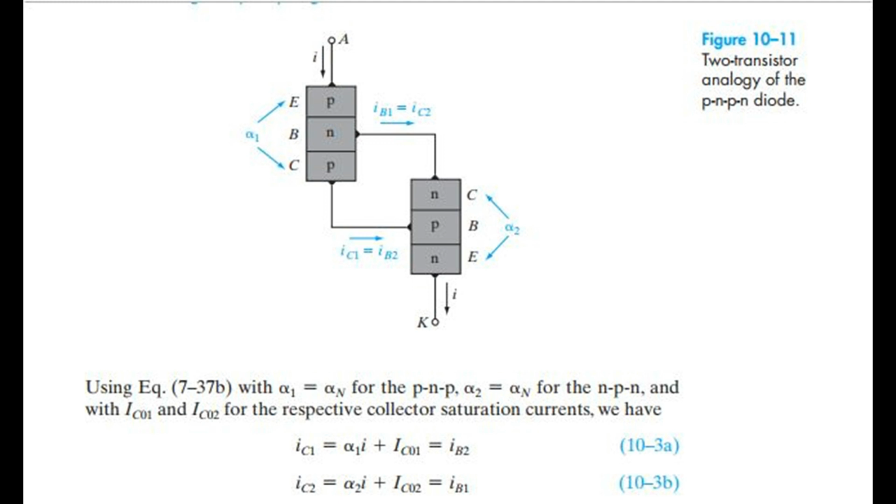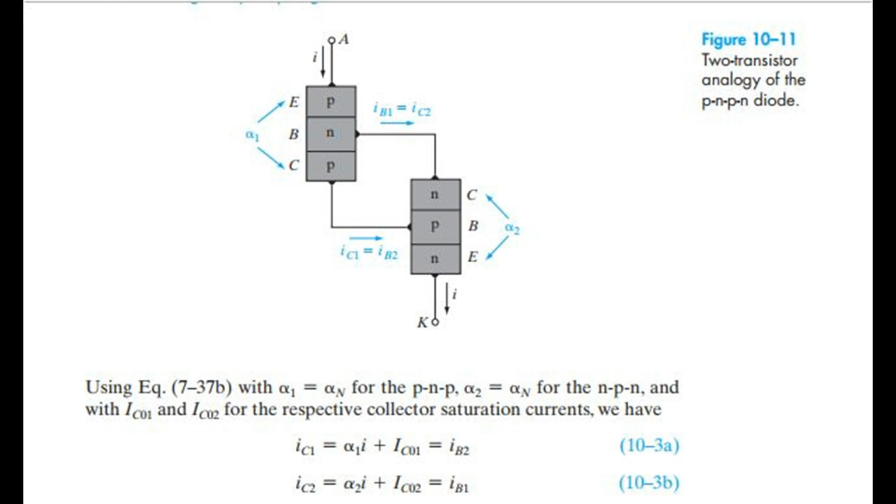The collector current IC1 of the PNP transistor drives the base of the NPN, and the base current IB1 of the PNP is dictated by the collector current IC2 of the NPN. If we associate an emitter to collector current transfer ratio with each transistor, we can use the analysis in Chapter 7 to solve for the current I. Figure 10.11, two-transistor analogy of the PNPN diode.